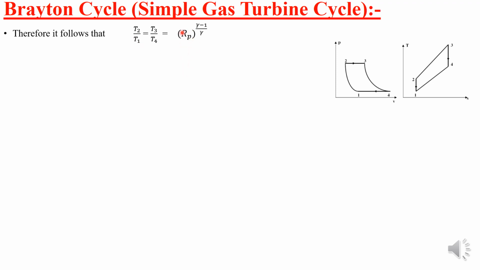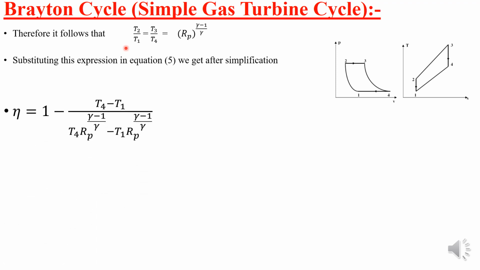Substitute that in the efficiency equation, that is equation 5. T3 is nothing but T4 times Rp to the power gamma minus 1 by gamma. Similarly, T2 is nothing but T1 into Rp to the power gamma minus 1 by gamma. So you got it like this.